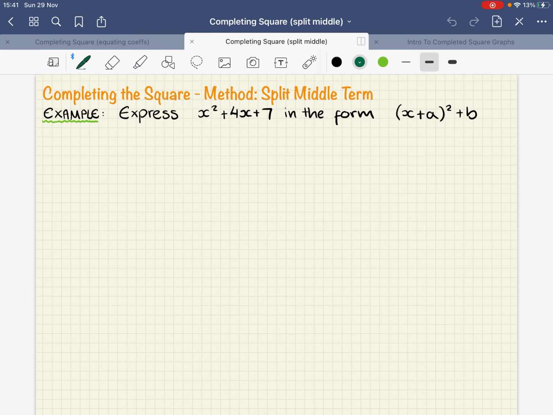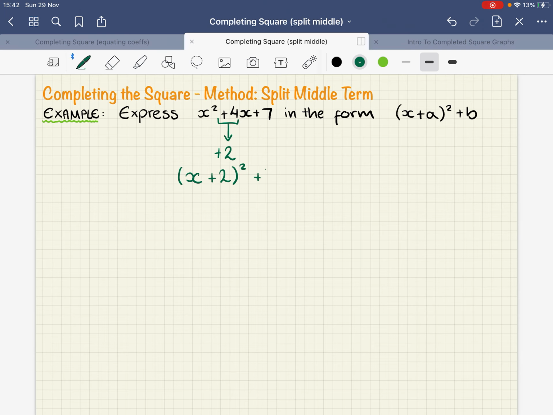So the first thing I need to do is, as it says in my title, I'm going to look at this middle term and I'm going to half it. So that's going to give me a +2. And I must make sure that I'm using whatever positive or negative sign that I'm using. So I'm going to have +2 there. Then in my bracket, I'm going to have x. Inside the bracket is going to be that +2 squared.